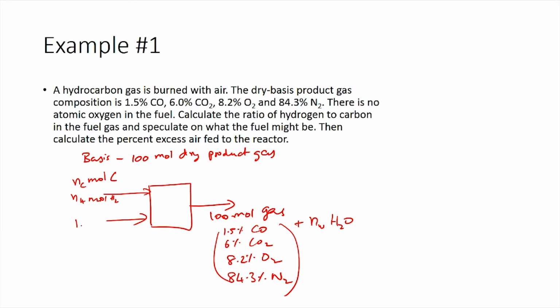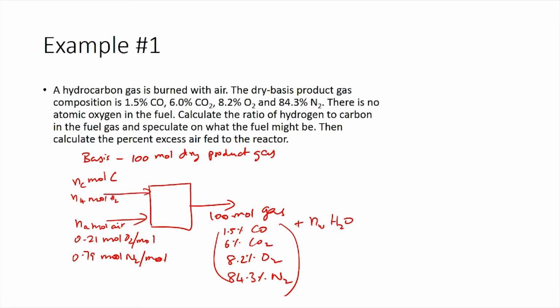So, you have air which is supplied as NA moles of air. So, this would contain 0.21 moles of oxygen per mole and 0.79 moles of nitrogen per mole.